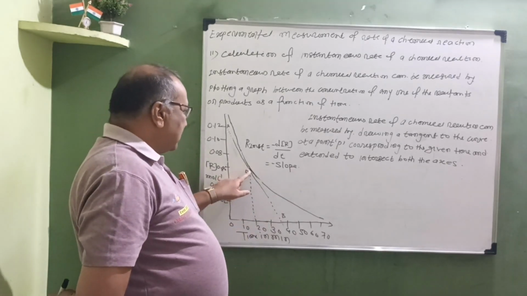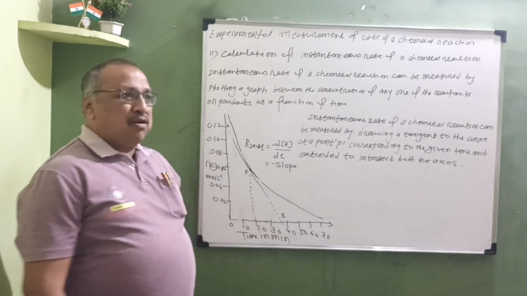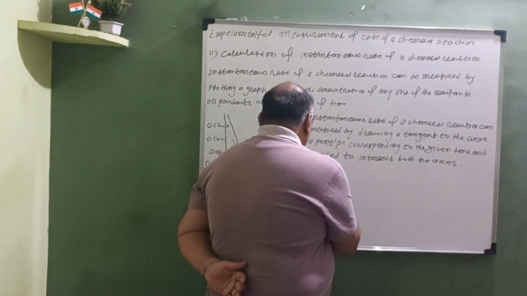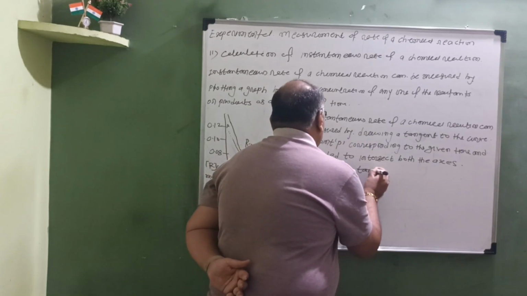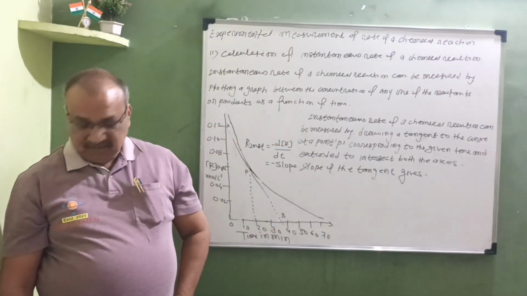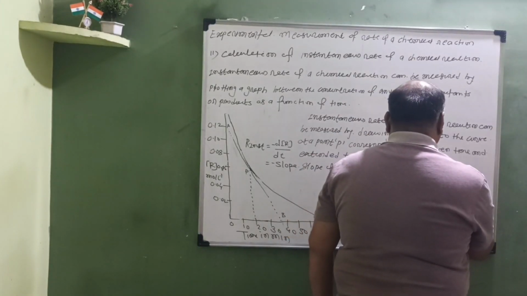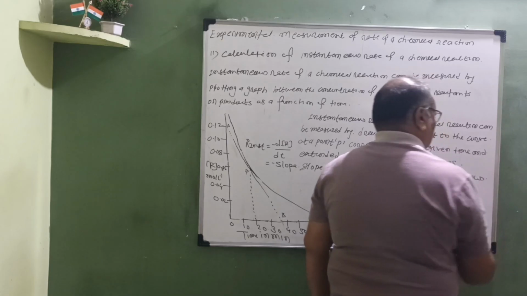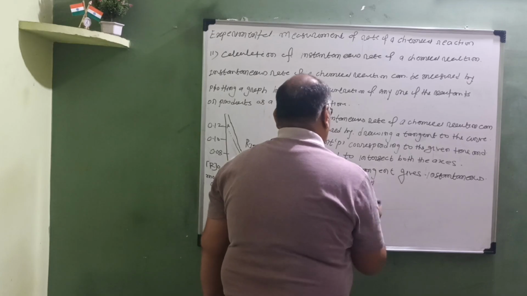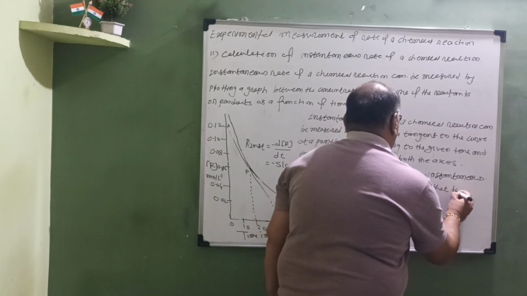Now here this tangent intersects the y-axis at point A and the x-axis at point B. Now here slope of the tangent gives the instantaneous rate of a chemical reaction at that time.